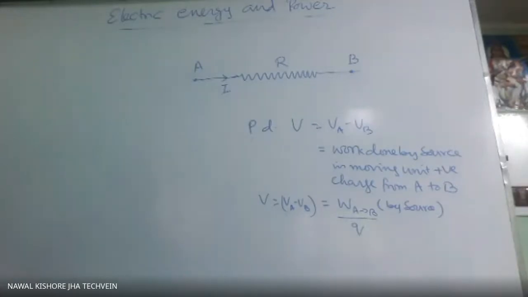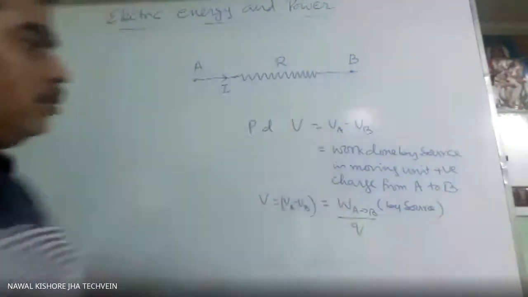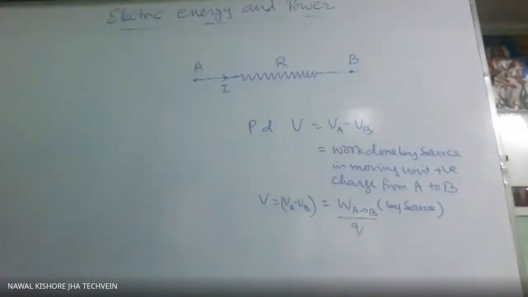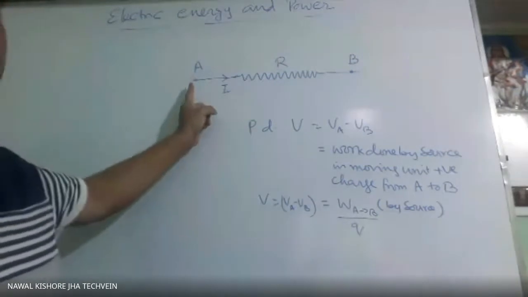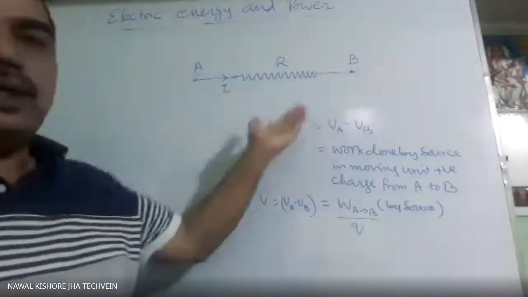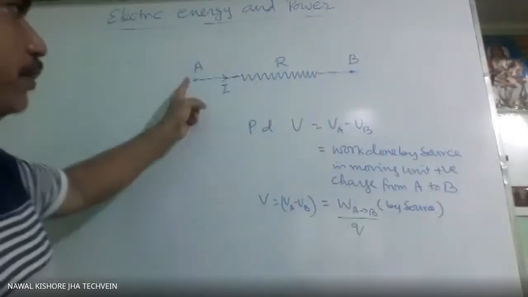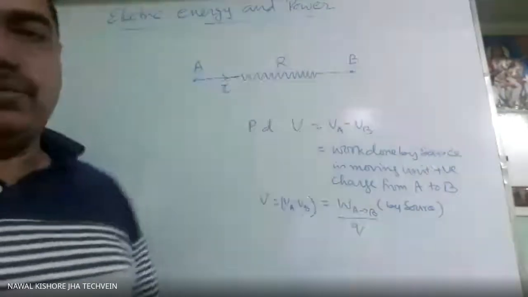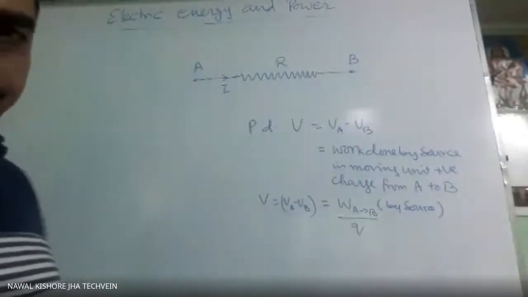So if we are interested in finding the work done by the source in moving unit charge from A to B, that is the potential difference. The work done by the source in moving charge Q from A to B will be charge into potential difference.